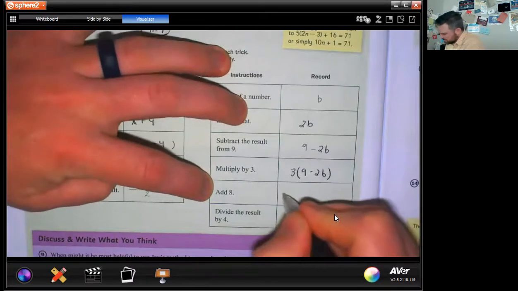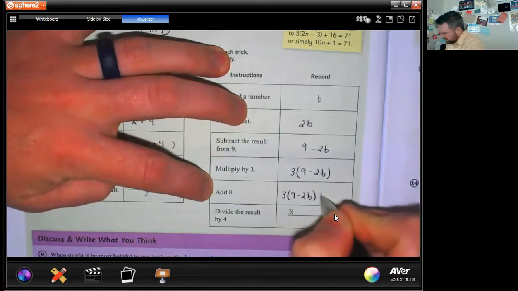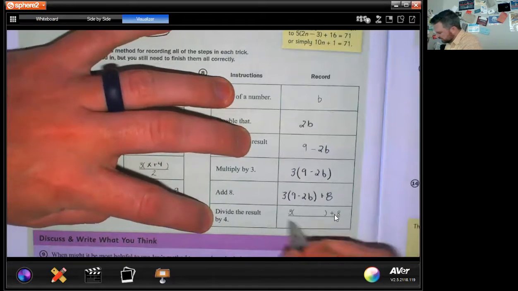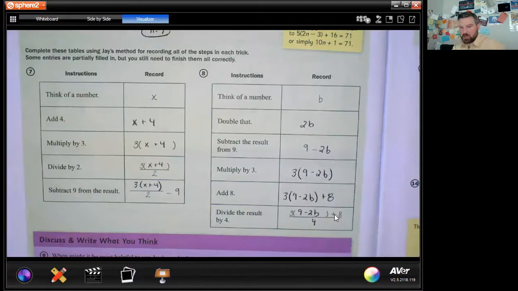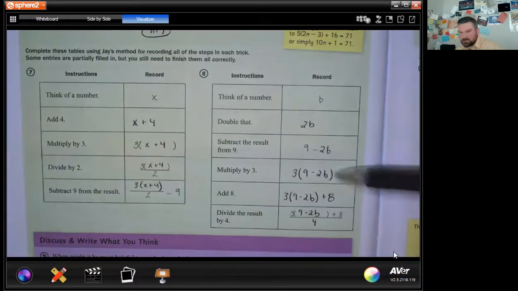So we got 3, parentheses 9 minus 2b, plus 8. Divide the result by 4. So we're dividing the whole thing by 4. And 9 minus 2b goes in there. Now that's a giant expression there, which can be fun to deal with, but it's very simple steps going through there.